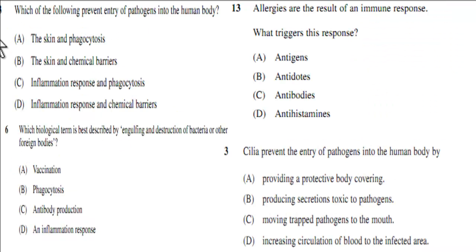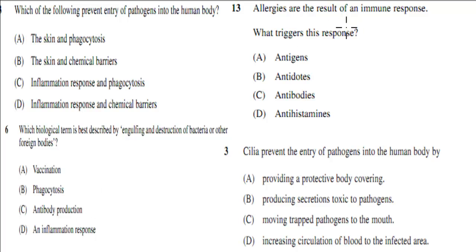The next 4 and last 4 are: which of the following prevents entry of pathogens into the human body? The skin and phagocytosis, the skin and chemical barriers, the inflammation response and phagocytosis, the inflammation response and chemical barriers. Which biological term is best described by engulfing and destroying bacteria or other foreign bodies? Vaccinations, phagocytosis, antibody production, or the inflammation response?